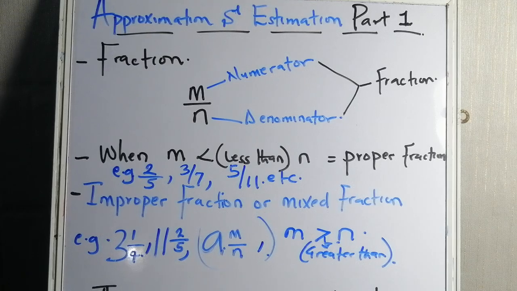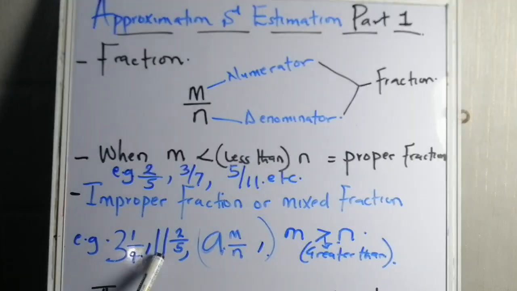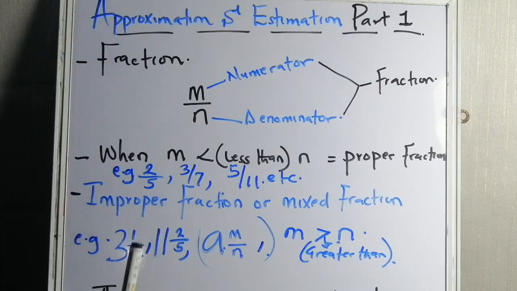You multiply the denominator and the whole number together and add the numerator. Times the denominator, which is 5, the whole number, 11, together, then add the numerator to it. 5 times 11, 55. 55 plus 2, that is what? 57 over 5. So that is what we call improper fraction. It's as simple as that.